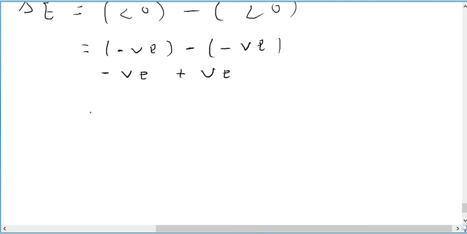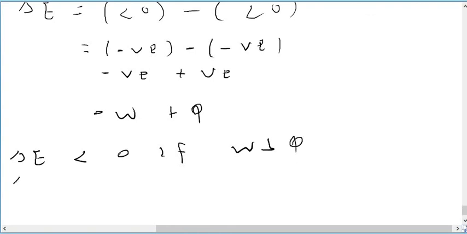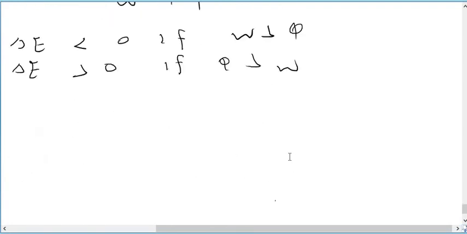The work, for example, is minus, then plus Q. So we have two conditions. dE is less than 0 if work is greater than Q, and dE is greater than 0 if Q is greater than W. So that is the condition.